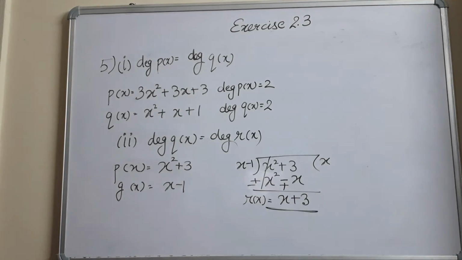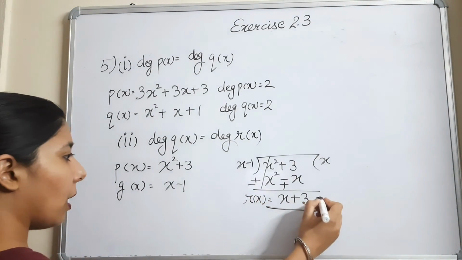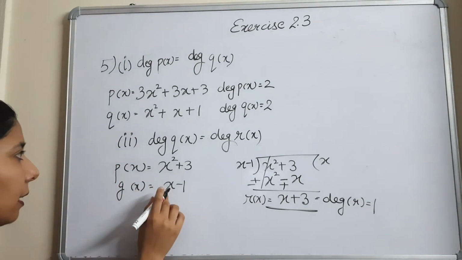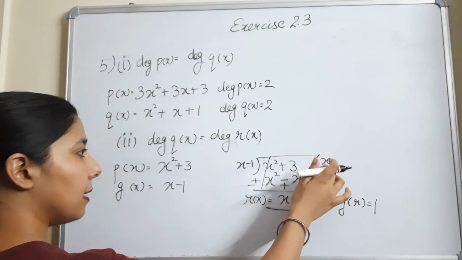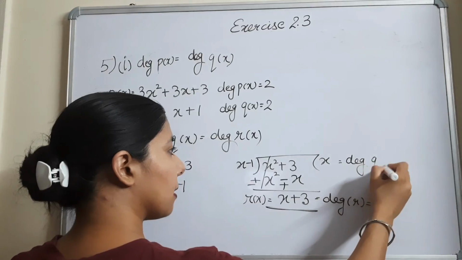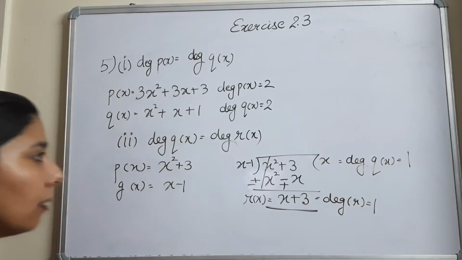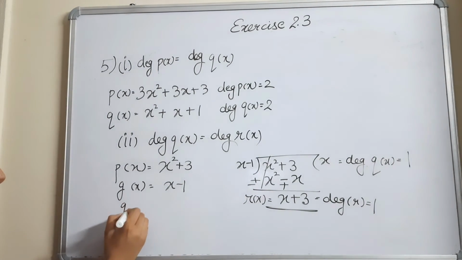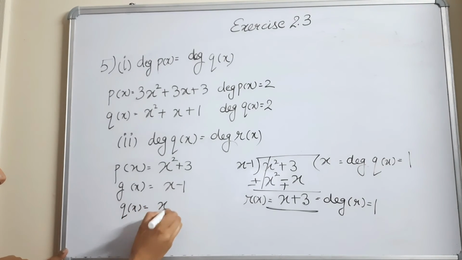The degree of this remainder, r(x), is 1, which equals the degree of q(x), that is also 1. This way you can check and verify the answer, taking random examples. So for this question, p(x) is this, g(x) is this, and q(x) comes out to be x and r(x) comes out to be x plus 3.